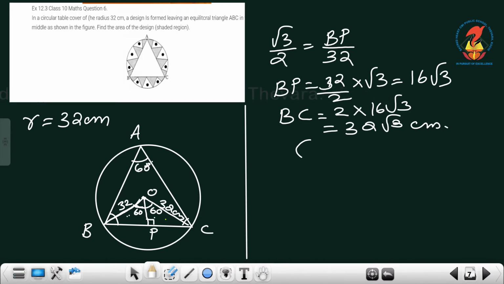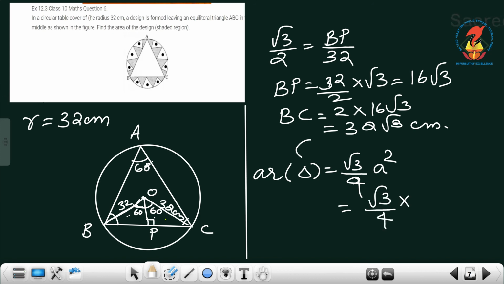So, we can find the area of the triangle. What is the area of the triangle? Area of the triangle is equal to root 3 by 4 a square, which is equal to root 3 by 4 into 32 root 3 into 32 root 3.